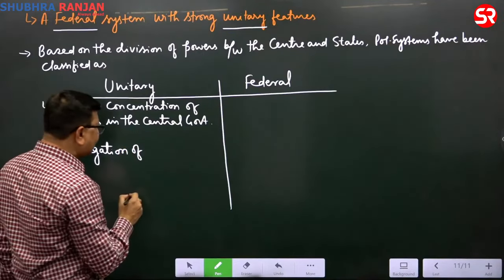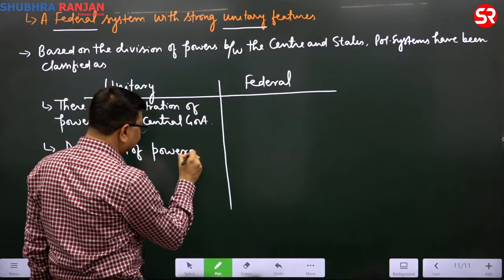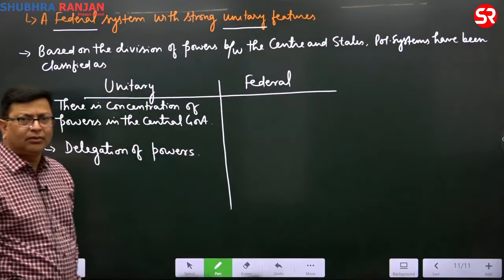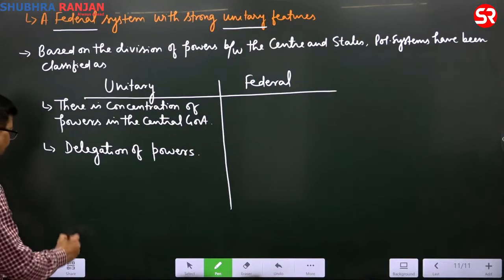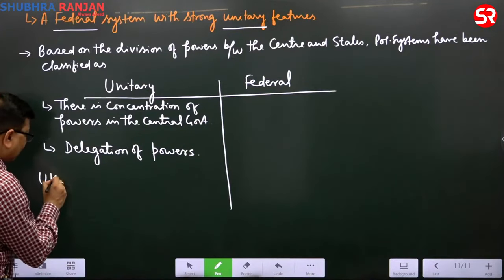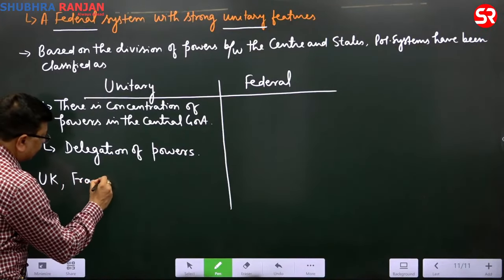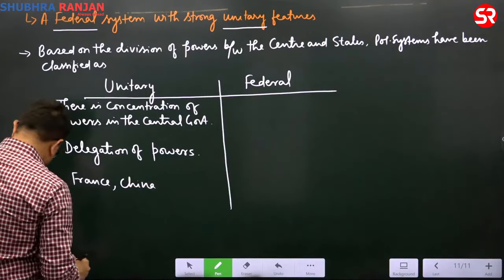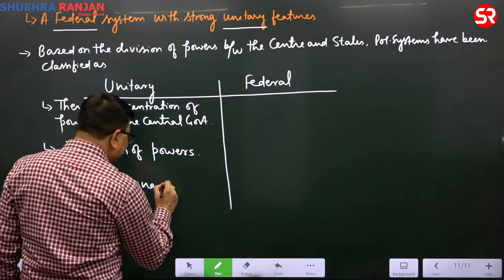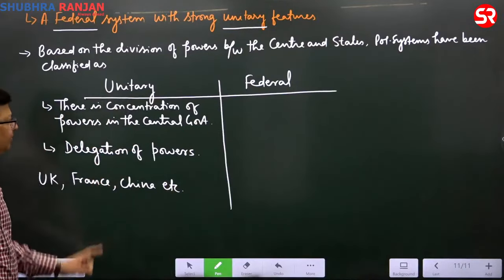There may be delegation of powers. The UK, France and China are some countries which have a unitary system.